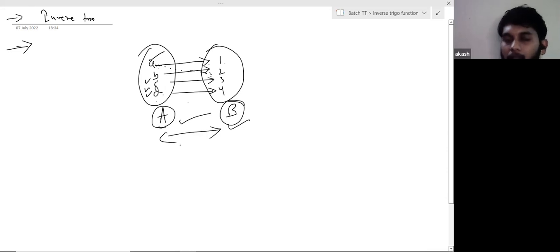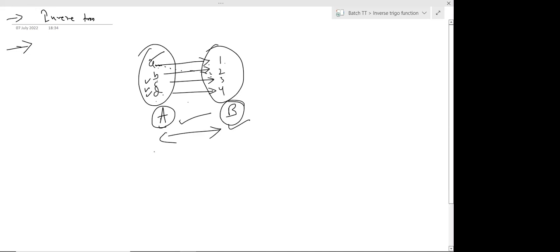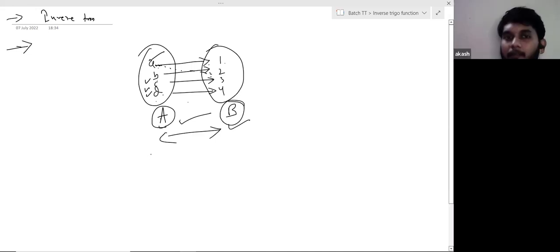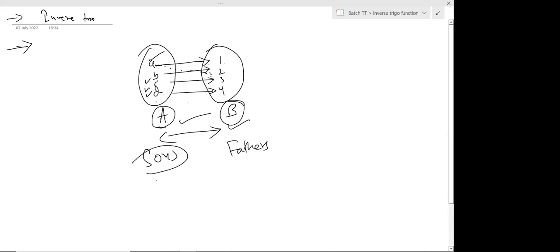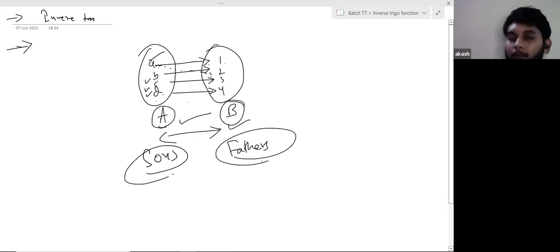Why am I telling you this? To learn about inverse function, we have to know about function. To remember this, I give one example to every student. Suppose this is the set of all sons and this is the set of all fathers, all the sons and fathers in the world. All sons in this world always have a father.